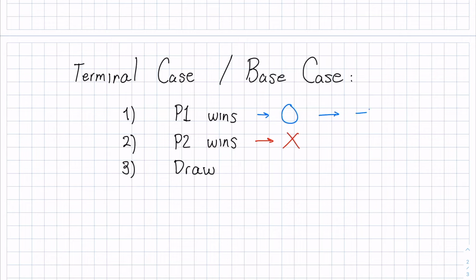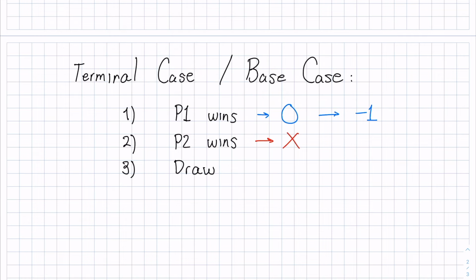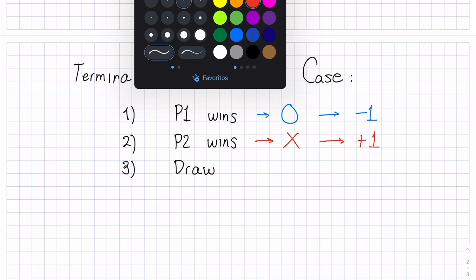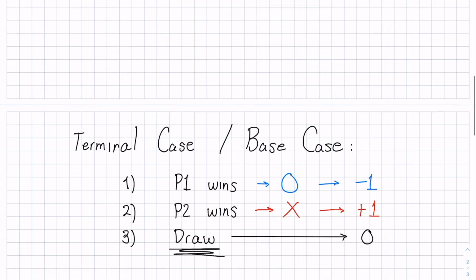I'm going to use -1 for this example. Now, if the cross, the maximizing player, wins, we want to return a positive number. I'm going to use +1. And if we have a draw, we're going to return just 0 because neither of the players wins. And this is a scenario that, although it's not the best scenario for a player, it's not actually bad because you're managing to get a draw. So we're going to return 0.